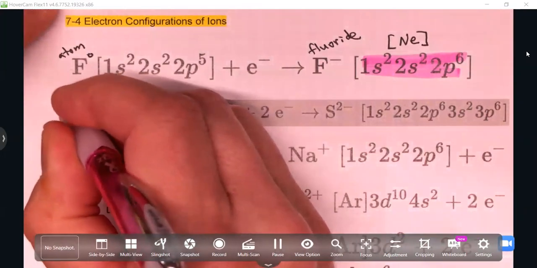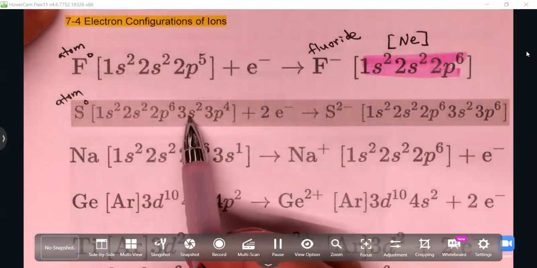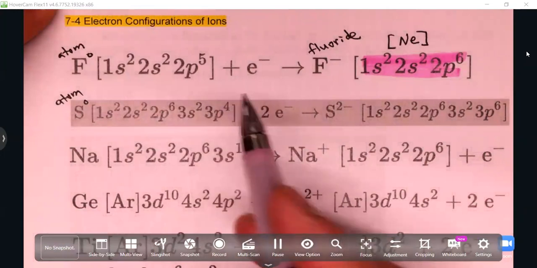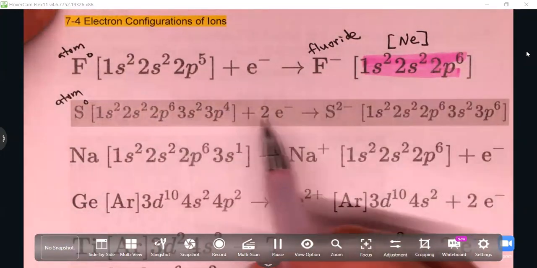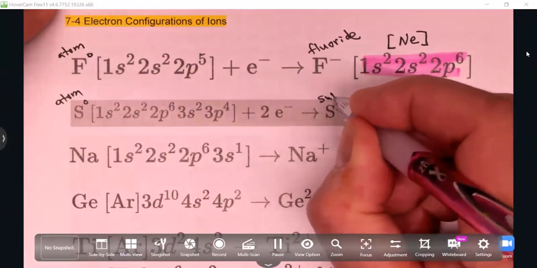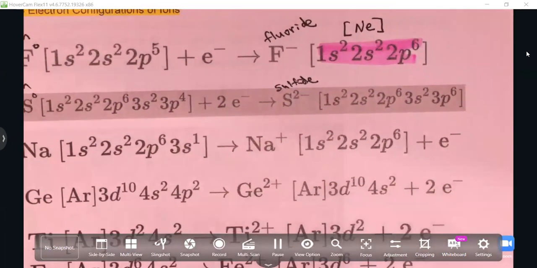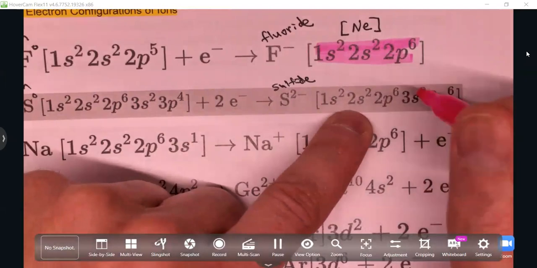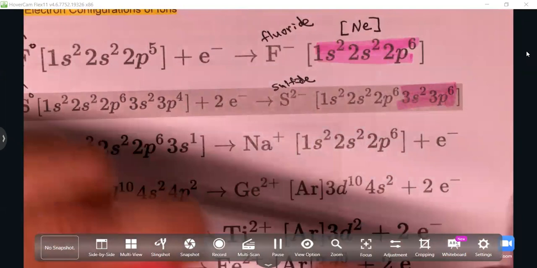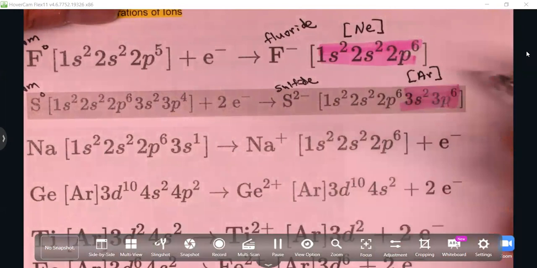Here's the sulfur atom again. So this is sulfur, no charge. 1s2, 2s2, 2p6, 3s2, 3p4. This sulfur is going to gain 2 electrons to become the sulfide ion, with this ending electron configuration notation, which matches the noble gas argon, right?